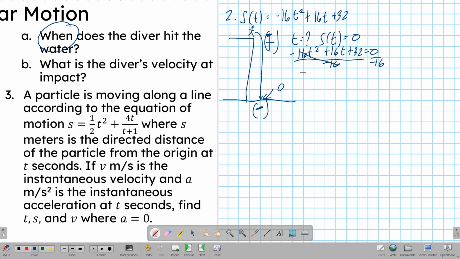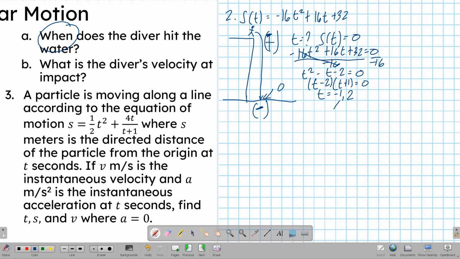We have t squared minus t minus 2 equals 0. Factoring this, we have t minus 2 times t plus 1 equals 0. So t equals negative 1 and 2.